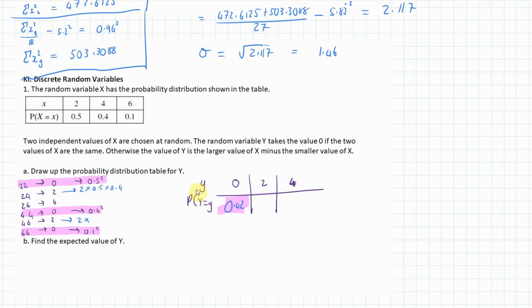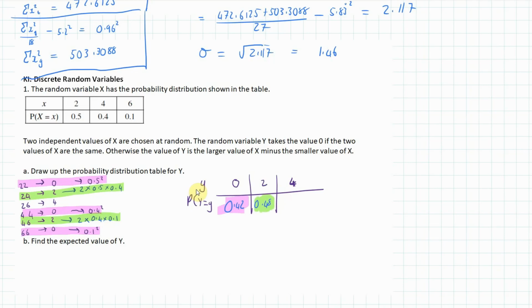Getting a 4 would be a 0.4 chance, and getting a 6 is a 0.1 chance. So 2 times 0.5 times 0.4 plus 2 times 0.4 times 0.1, and I'm getting 12 over 25 or 0.48.